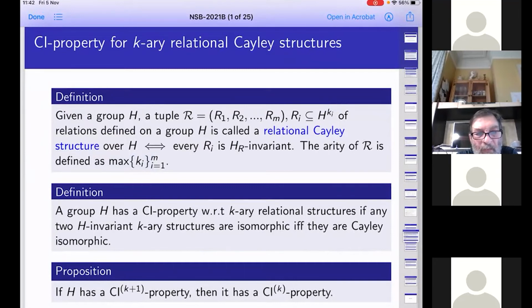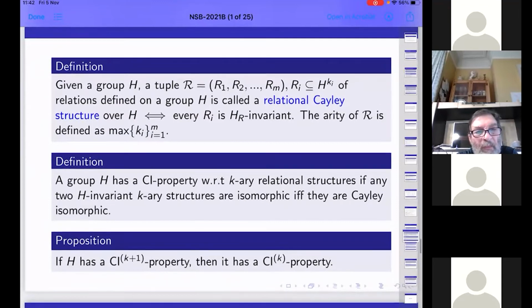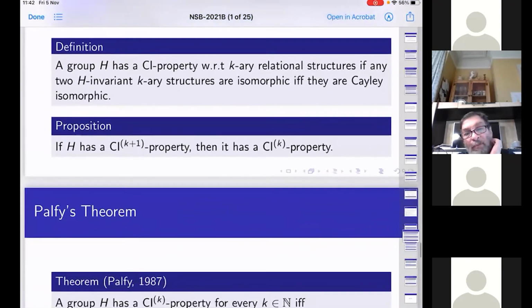One can show that if a group has the Cayley isomorphism property for structures of arity K plus 1, then it has it also for arity K.